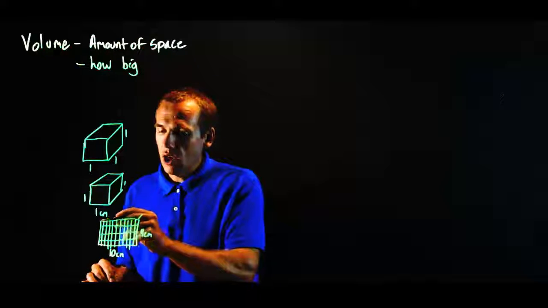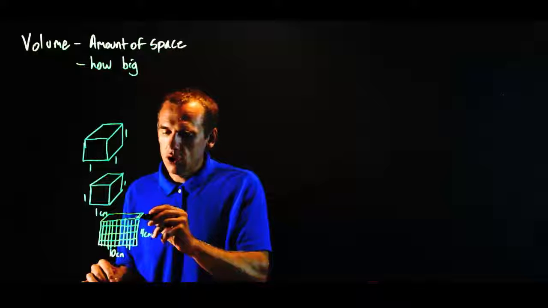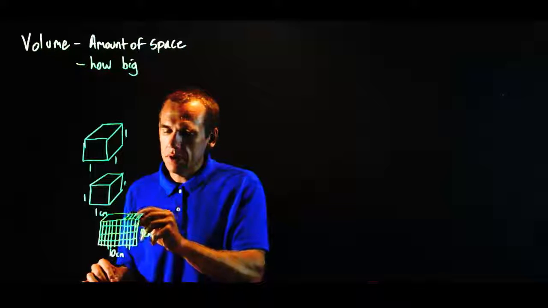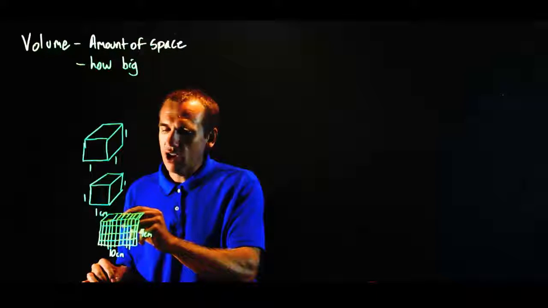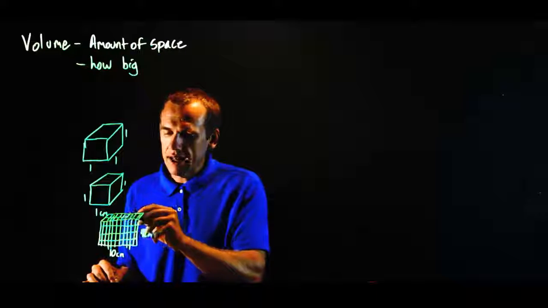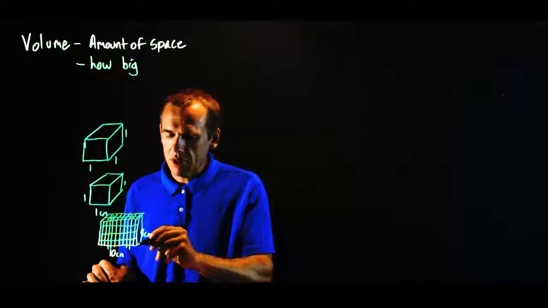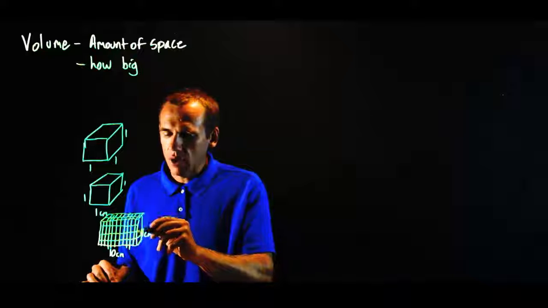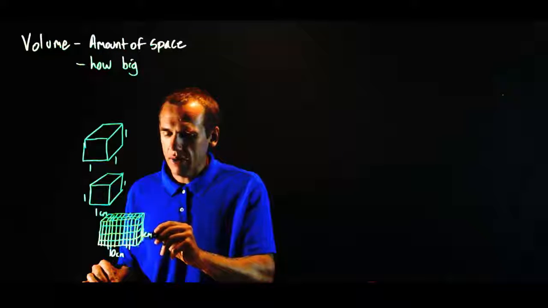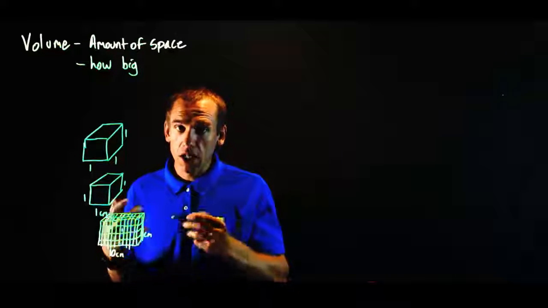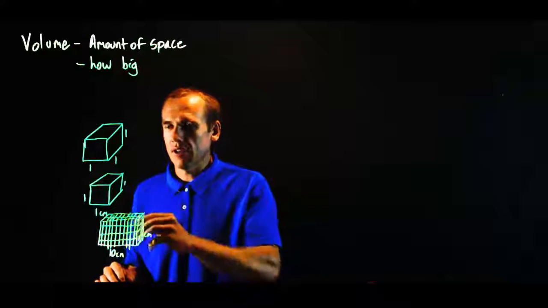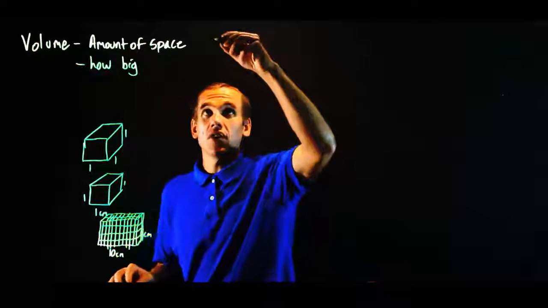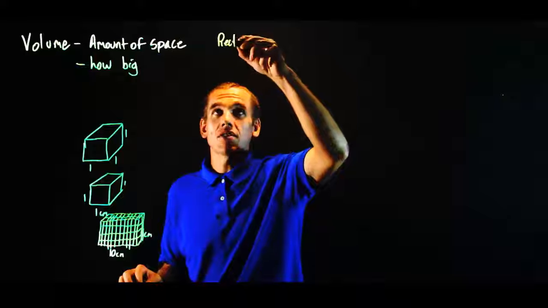If this was then all 2 centimeters deep, then I would have another layer of 10 centimeters, 10 square centimeters on top of that, but they would all be 1 centimeter deep, and so I would actually have 40 cubic centimeters, right? And that's just telling me that I can find the volume of a rectangle or a rectangular solid.